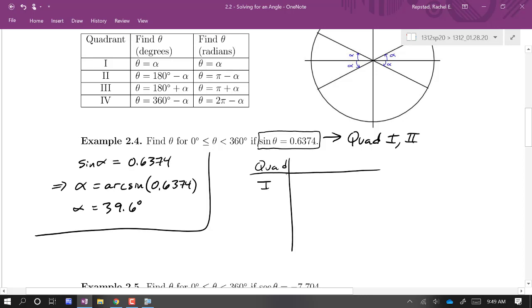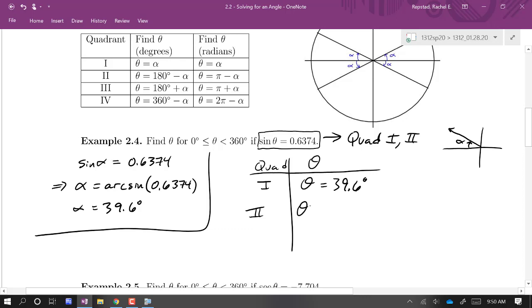Here's our quadrant 1 angle: theta is just equal to alpha, so 39.6 degrees. In quadrant 2, I want to take 180 degrees and back up by alpha degrees.